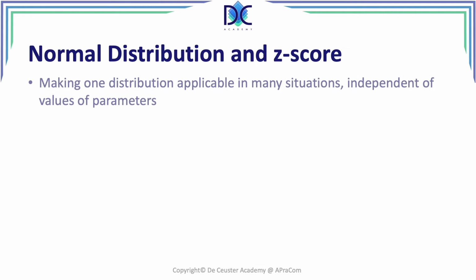Basically, what we want to get is a distribution that we can use in all circumstances. We can just make those tables, and we will use those standardized tables to calculate the probabilities.